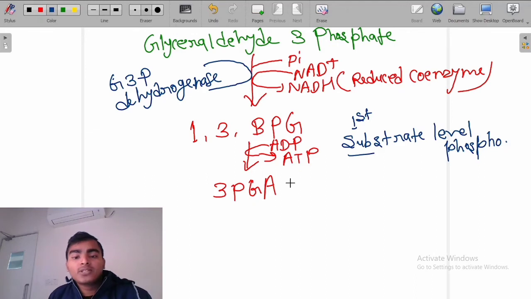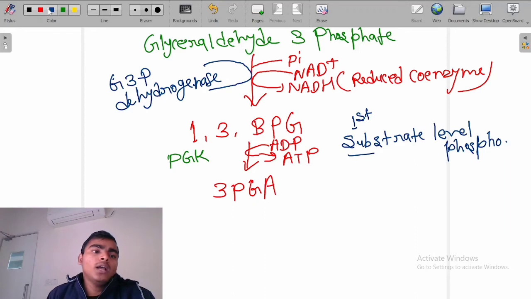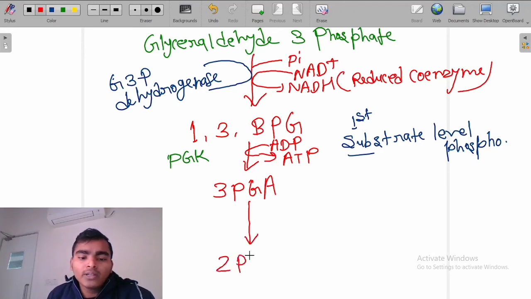That means the substrate which was used, that was glucose, which was converted into 1,3 biphosphoglycerate by various steps, is now going to devote one phosphate molecule from its part and use it in the production of ATP molecules. So now we have 3-phosphoglyceric acid. The enzyme which is responsible for this particular reaction is PGK, phosphoglycerate kinase.